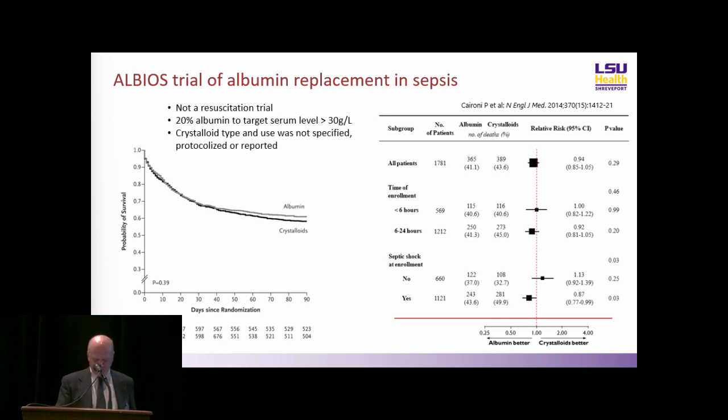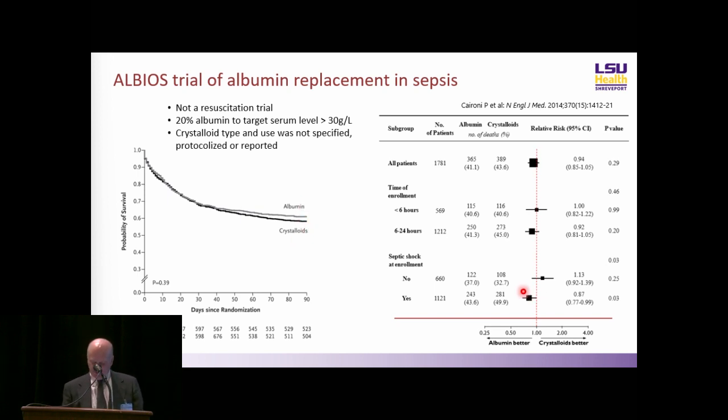The ALBIOS trial was a study in which they didn't really use albumin for resuscitation, but they gave it on a continual basis to critically ill patients to keep the albumin above 3 grams per deciliter. And so it was a daily infusion of albumin as needed to keep it up. And in the overall group of all sepsis patients, there was no difference. There was a slight mortality, survival advantage to albumin, but it did not reach statistical significance.